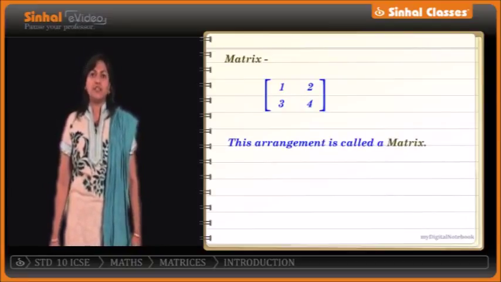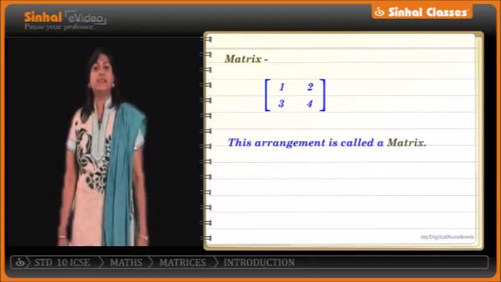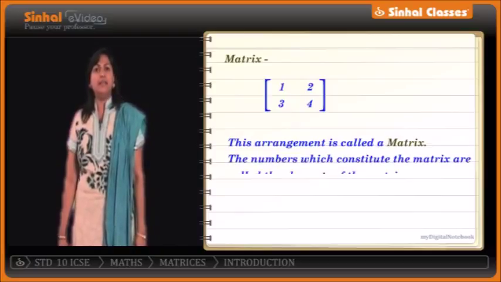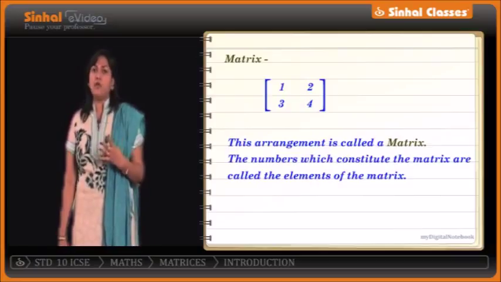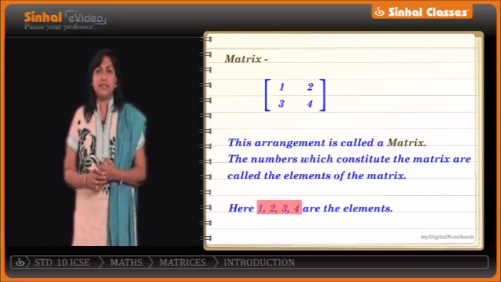Now matrix is always denoted by any capital alphabet. Now the numbers which constitute the matrix are called the elements of the matrix. In the above example, there are 4 numbers which form the matrix, so there are 4 elements.